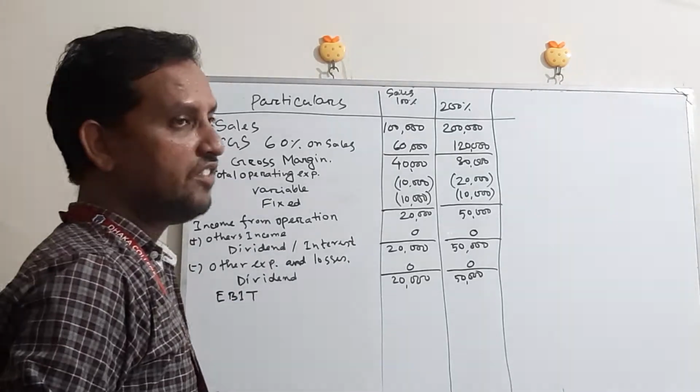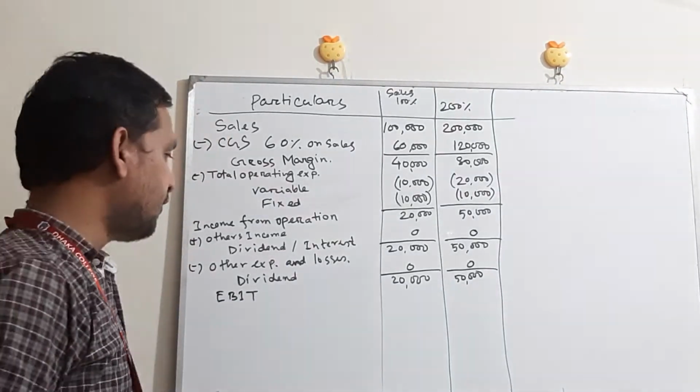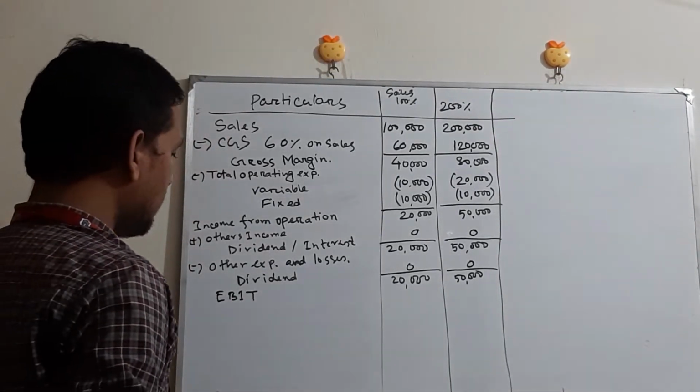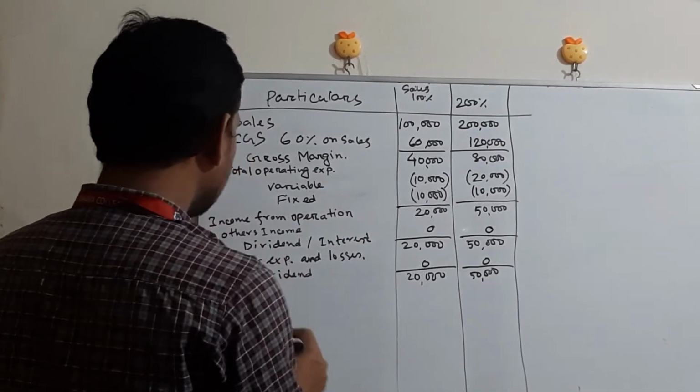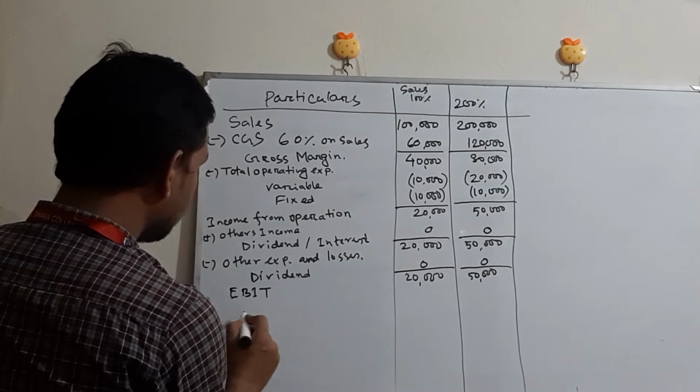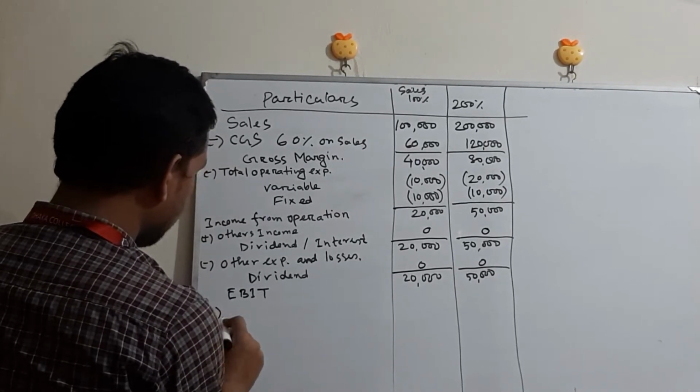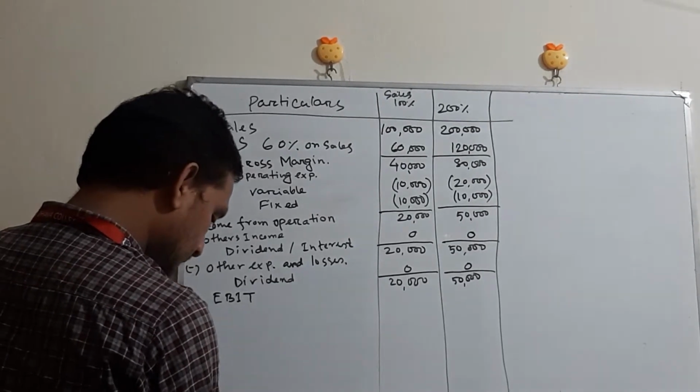It is called EBIT, I mean earning before interest and tax. Okay, let's see then. Minus interest.